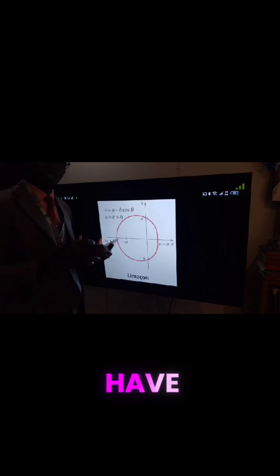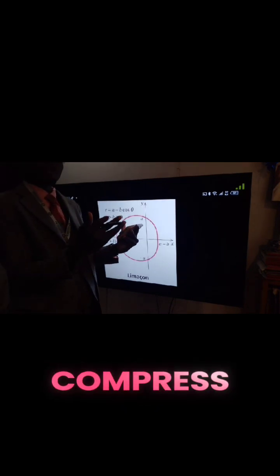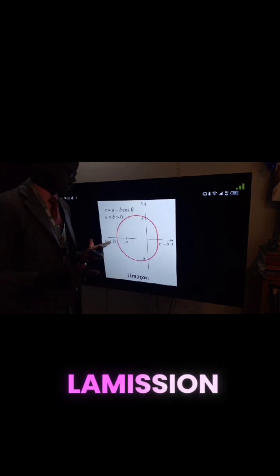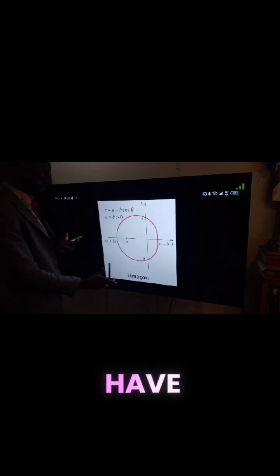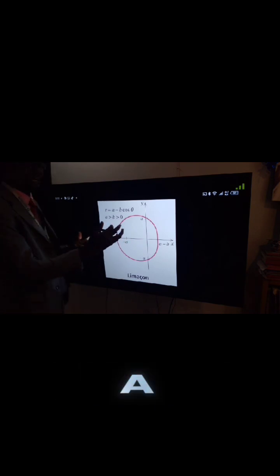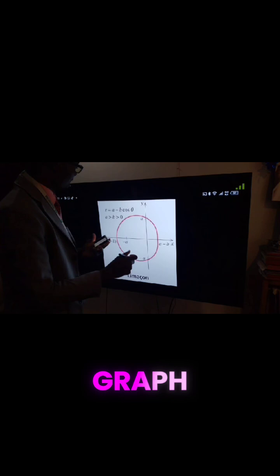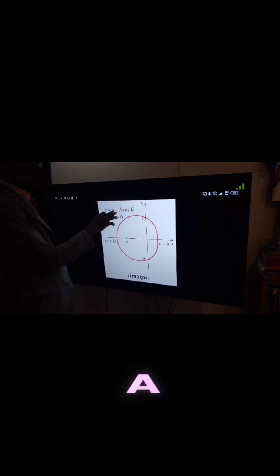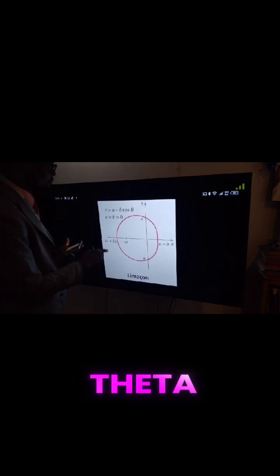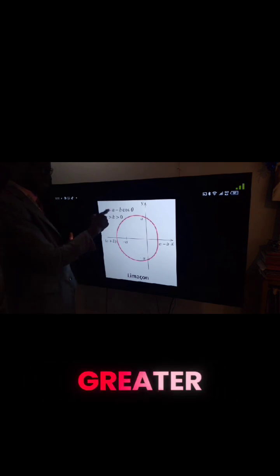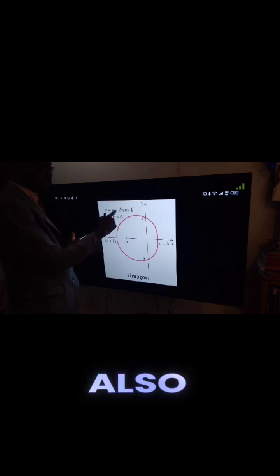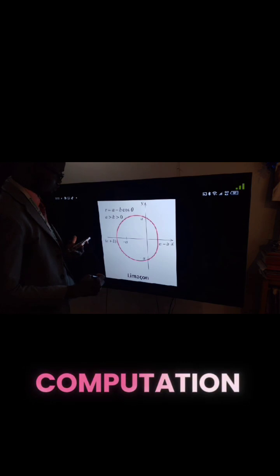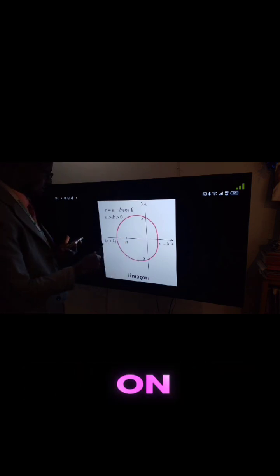And then we have a compressed circle, and this graph is the limaçon. Limaçon is a French word. The limaçon gives you a compressed kind of graph, and it is given by r equals a minus b cosine of theta, where a is greater than b and b is greater than 0, depending on the computation that we are going to see later on in this video.